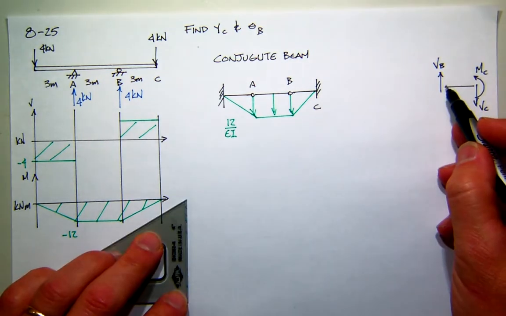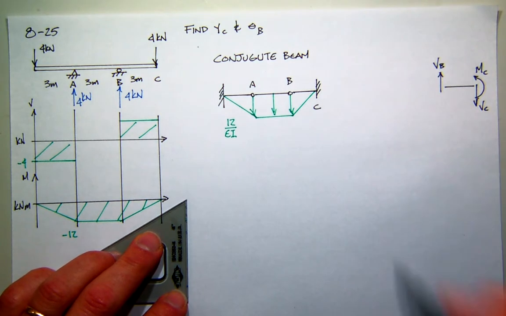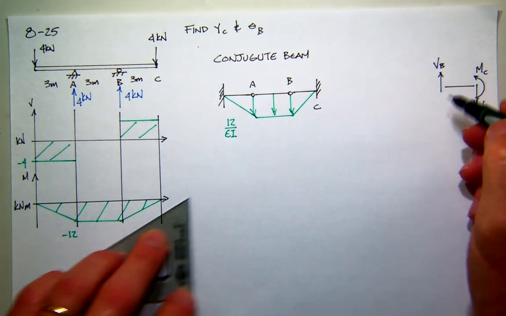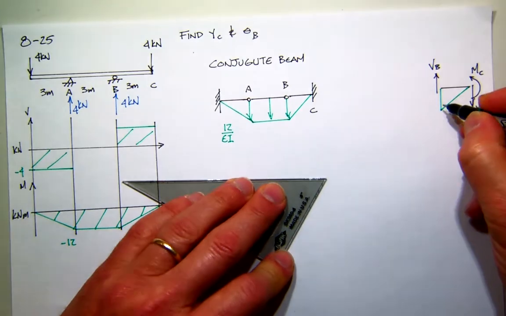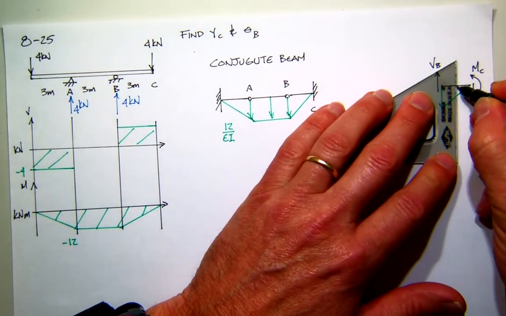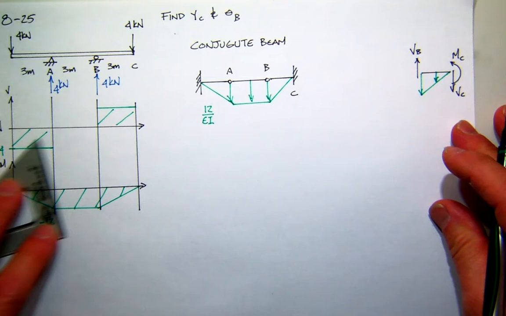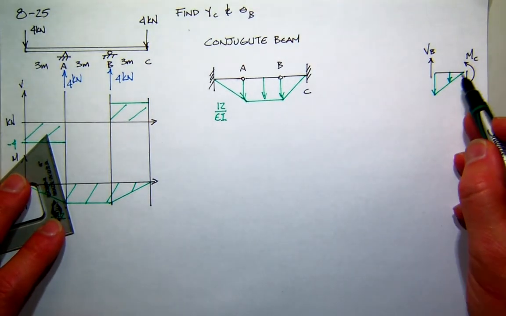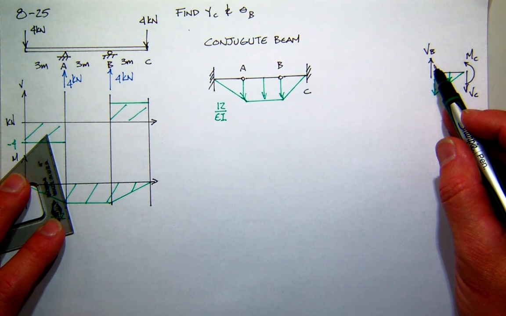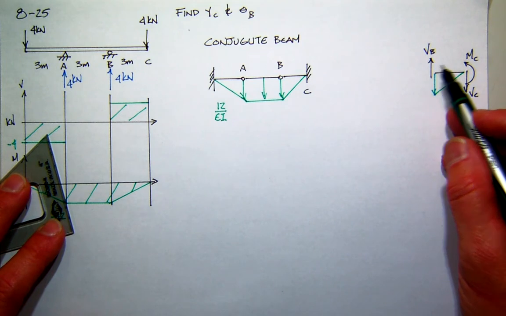No moment at B because it's a hinge. And then, of course, applied to that, I'll have whatever this load will be. So if I want to find the moment at C, I can sum moments at C. I have the force, but I don't know what the shear at B is yet. So let's find the shear at B first.